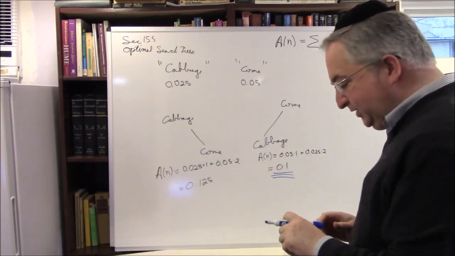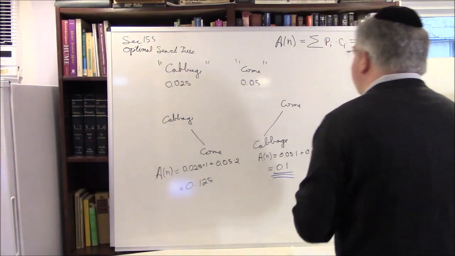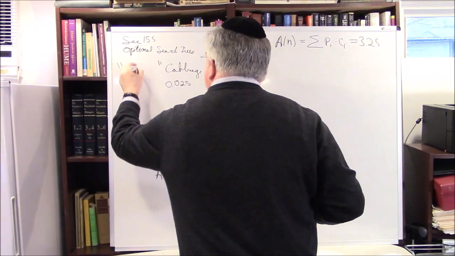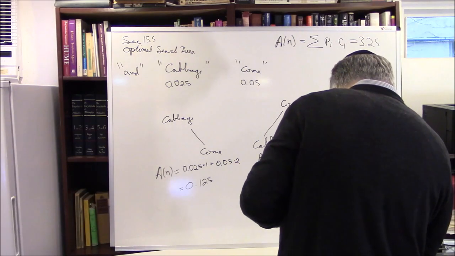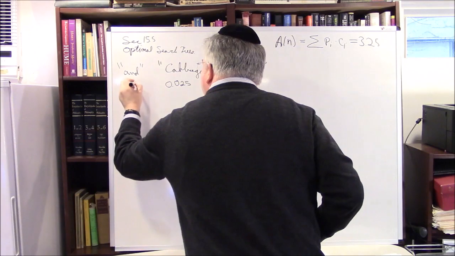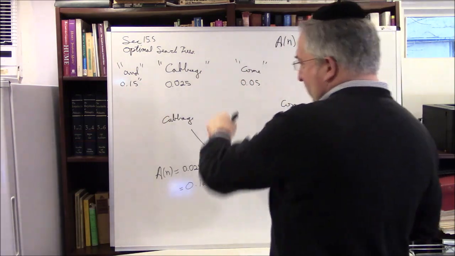Great. Now let's add in a third word. And the third word is "and". I should add it over here because we're doing this in alphabetical order. Let me just tell you that the word "and" shows up 0.15. So the word "and" is very popular compared to the other two.